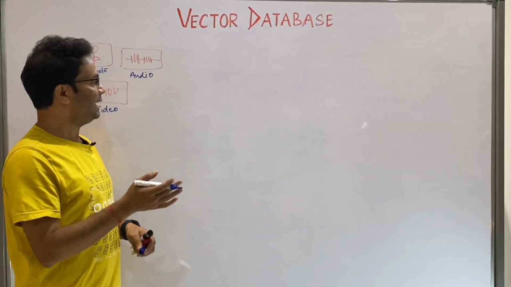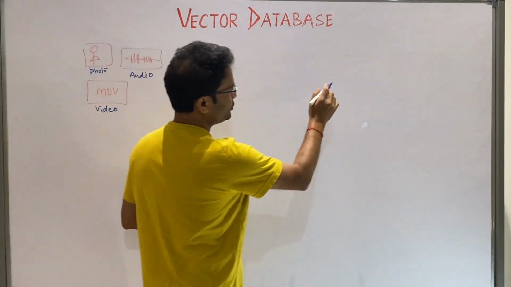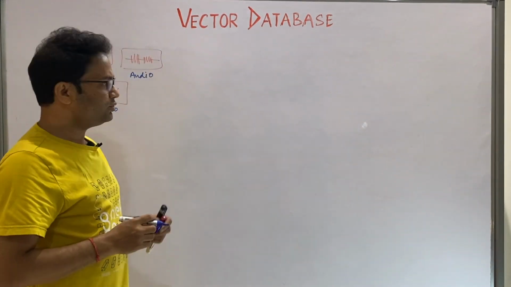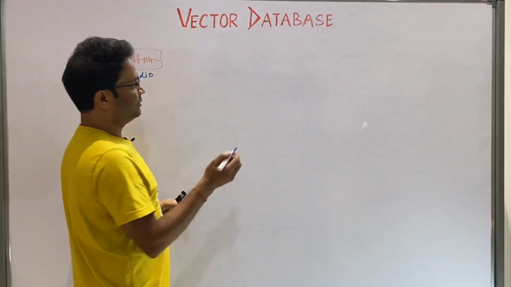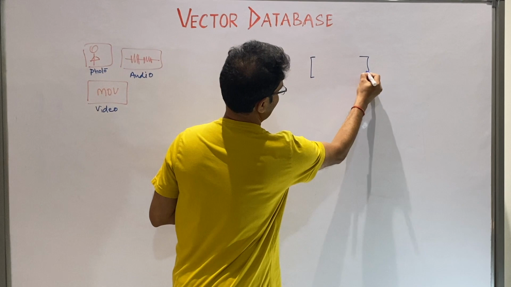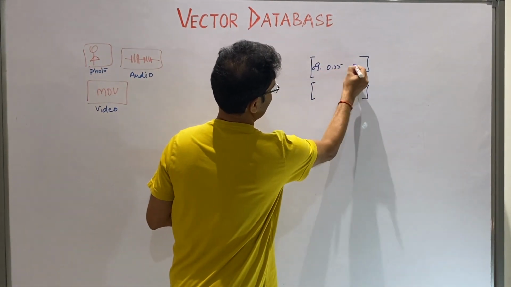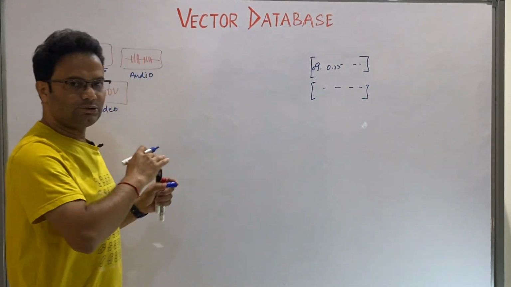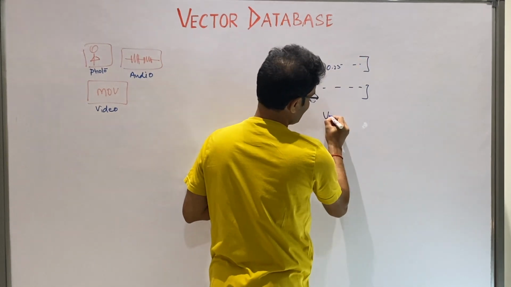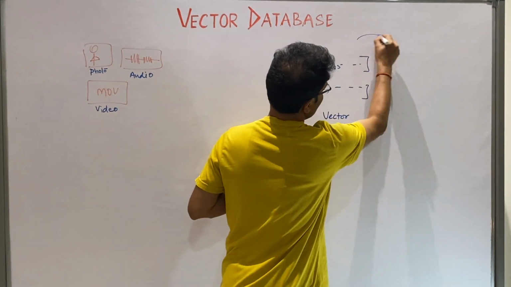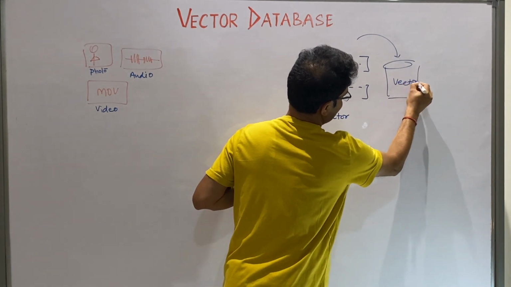Suppose you have this unstructured data, photo, audio, video, and want to put it into the database. First you have to convert this object into numbers. Suppose this is one number, something like 9.9.25. Once you convert this object into numbers, this is called the actual vector, and then you can save this data into the vector database.